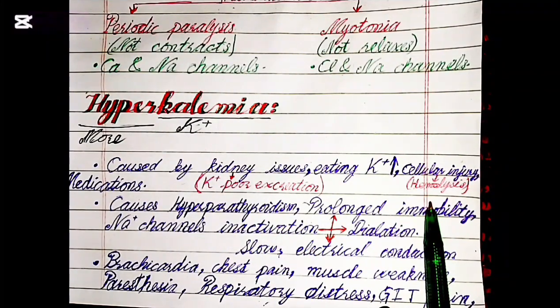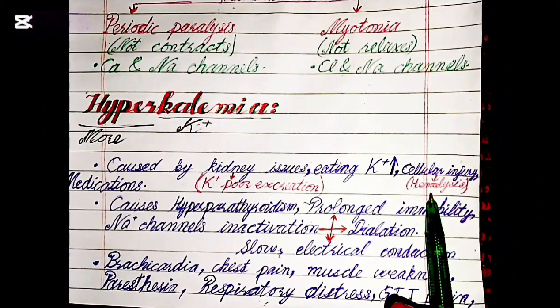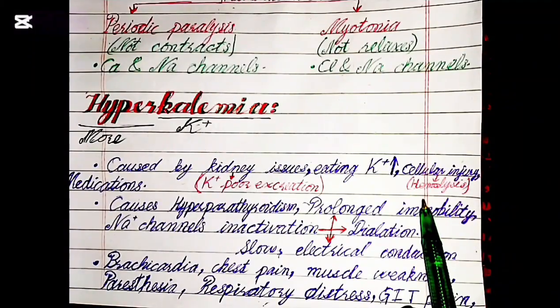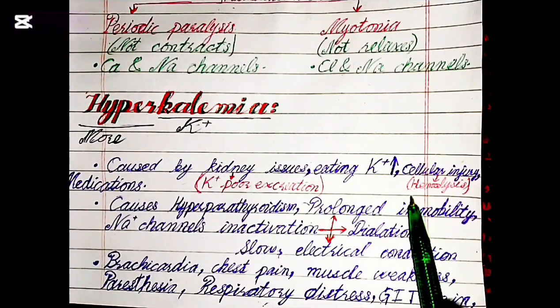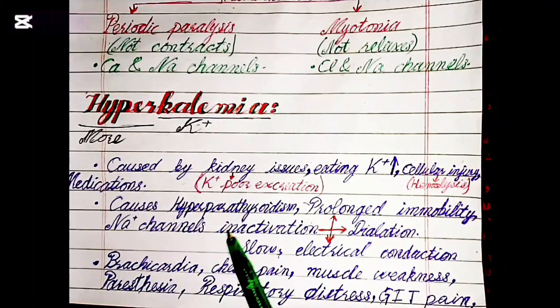As a result, the blood potassium level increases because the liver puts everything into the blood. And also some medications contain more potassium. If we use them on a daily basis, in large amounts and for a longer duration, it also causes hyperkalemia.